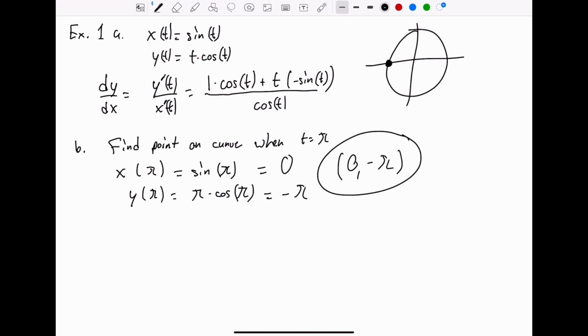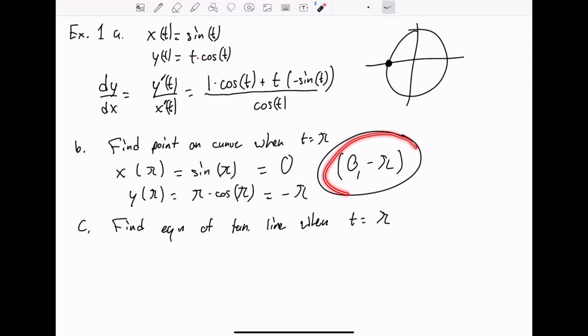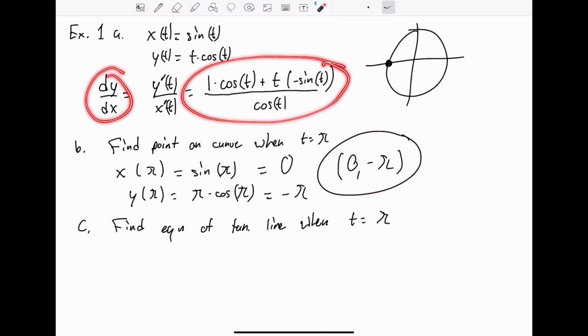Part C asks us to find the equation of the tangent line when t equals pi. Now we can find a point on the tangent line. That's the point that the curve passes through when t equals pi. We can find the slope of the tangent line by plugging in pi to our expression here for the derivative.